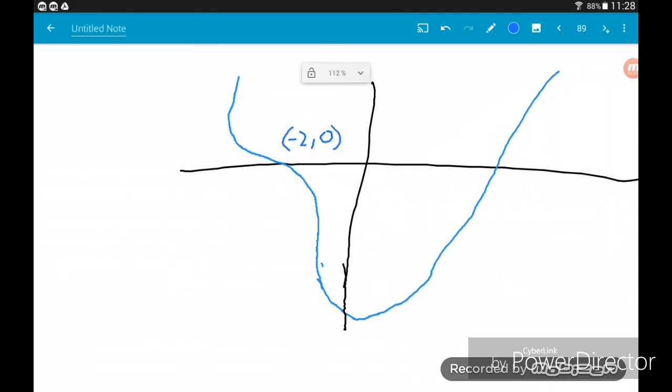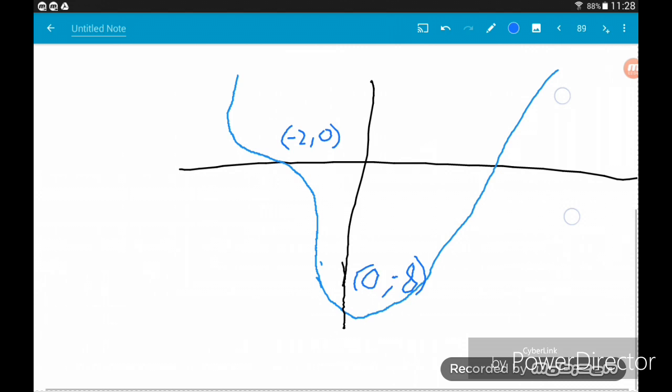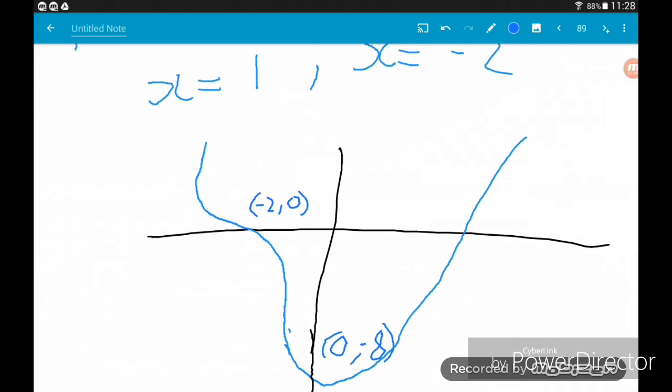This point down here is 0, minus 8. And then this final x-intercept is 1, 0. So it's completely not to scale, but it doesn't matter in your sketch as long as you label the important points.